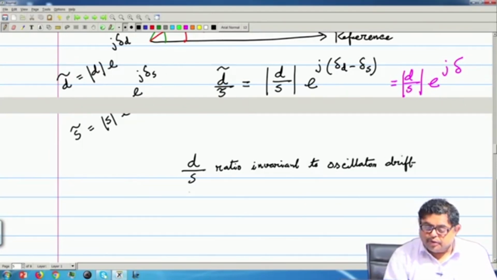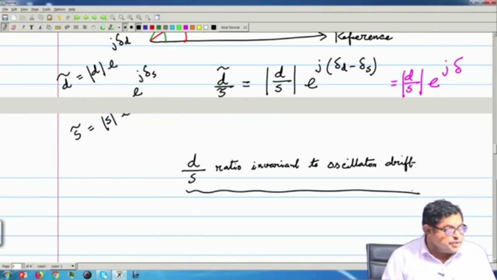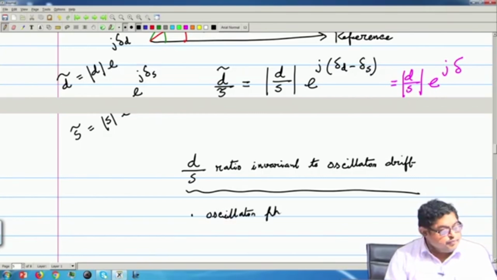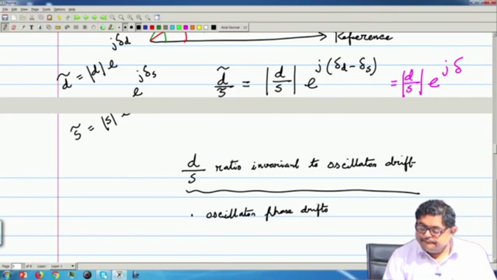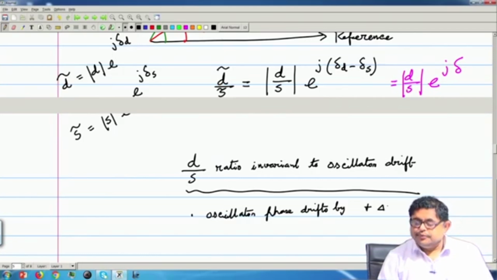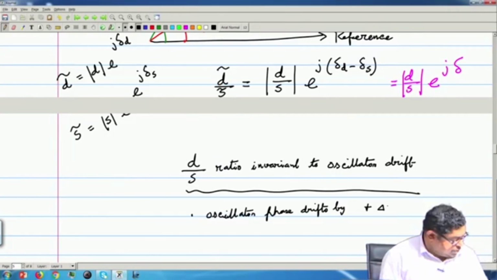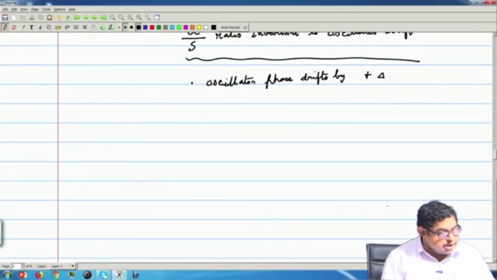That I will prove now. Let the oscillator phase drift by delta, capital delta. So, I can draw the reference diagram again.